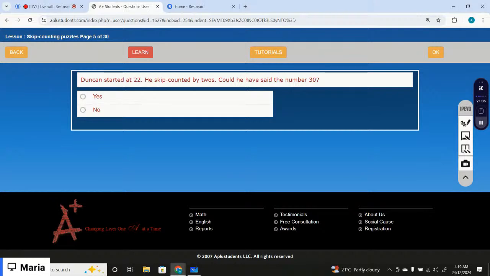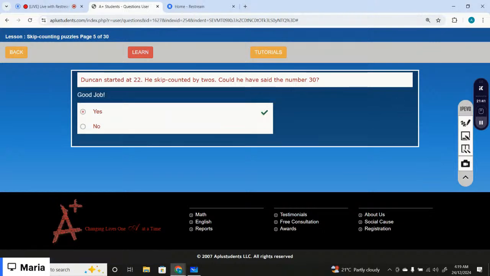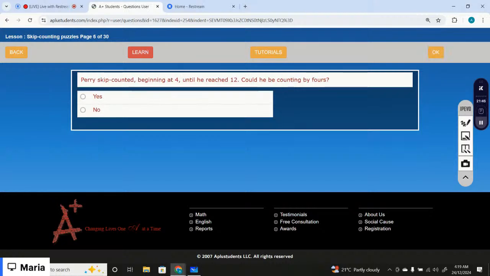Yes, it is. The correct option is yes. Perry skipped counted beginning at 4 until he reached 12.